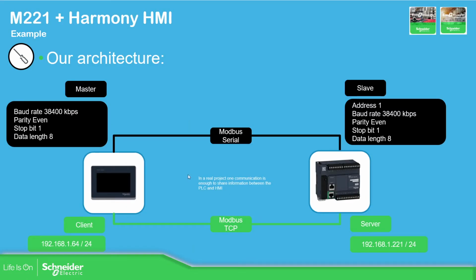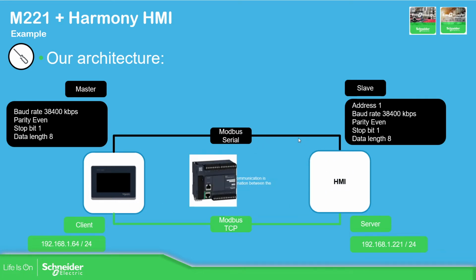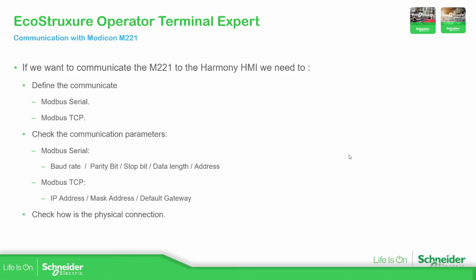The idea in our example is to configure this on the HMI and this on the PLC. In a real target you're probably going to use only one, not both of them. But let's see how we can work with this. The first thing that we need to check is how we are going to communicate the PLC and the HMI, Modbus serial or Modbus TCP.